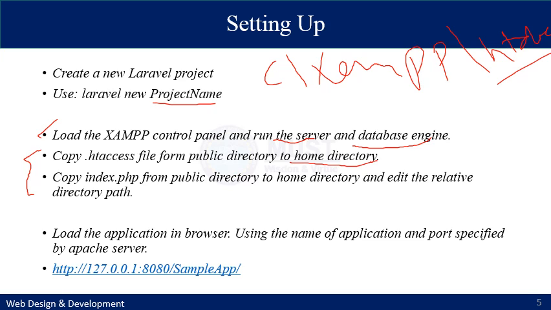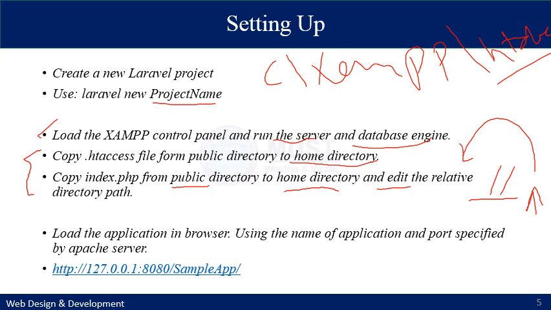The second step is to copy the index.php file from the public folder and again paste it to the home directory of your application. Then you have to open this file and edit the path values, and you have to remove the additional slashes from each of the paths specified in the index.php file. So you are actually changing the path from the public folder to the home directory.